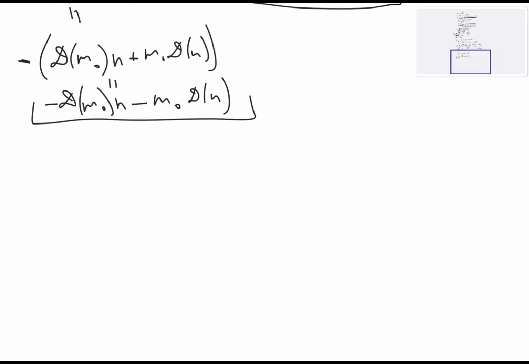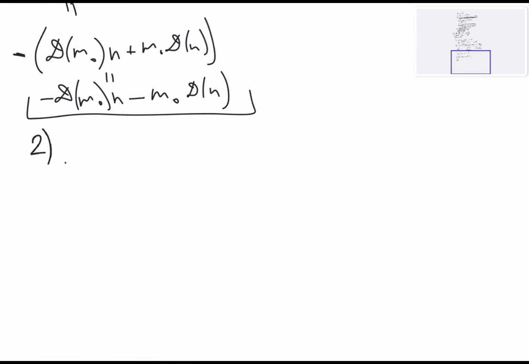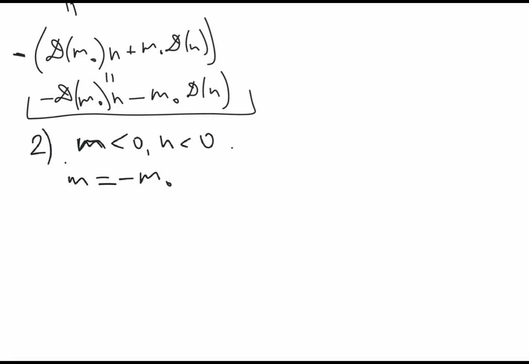And so the other case remaining is when both m is negative and n is negative. In this case we do a similar thing. We set m to minus m0, where m0 is a natural number, positive, and n is equal to minus n0, where n0 is also a natural number.